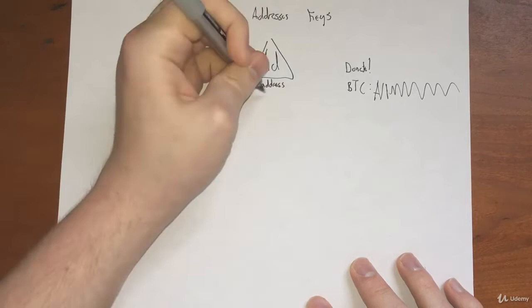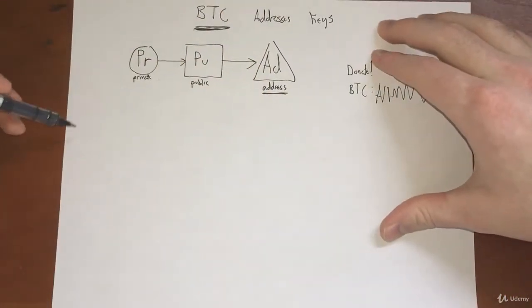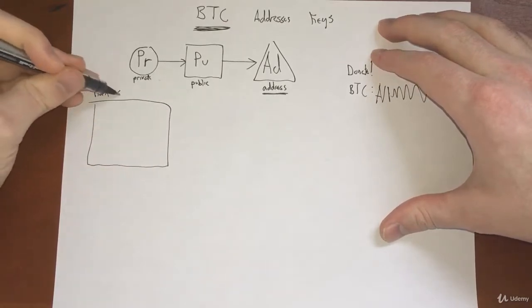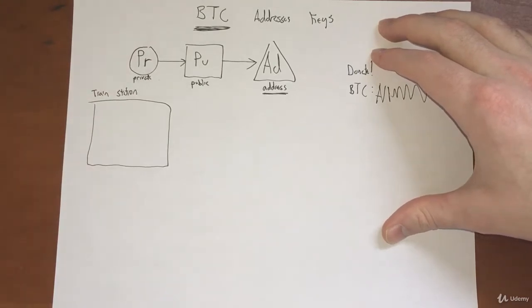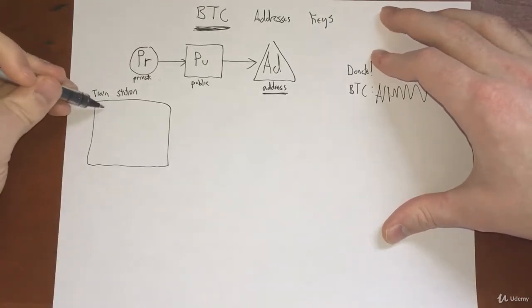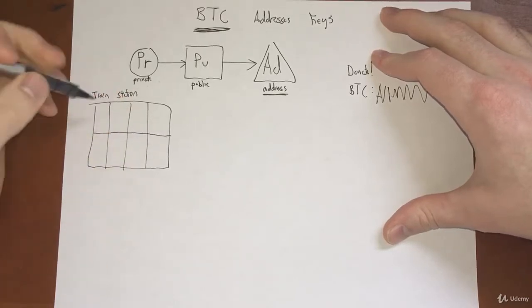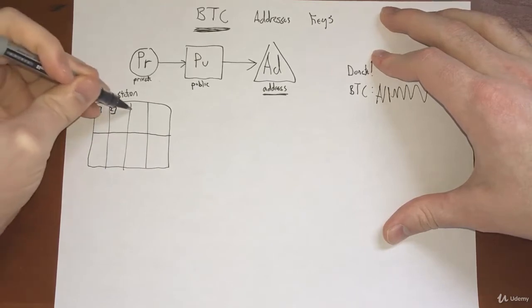So that's the address. Let's go back to our example of the locker in the train station. The address is the number of the locker.